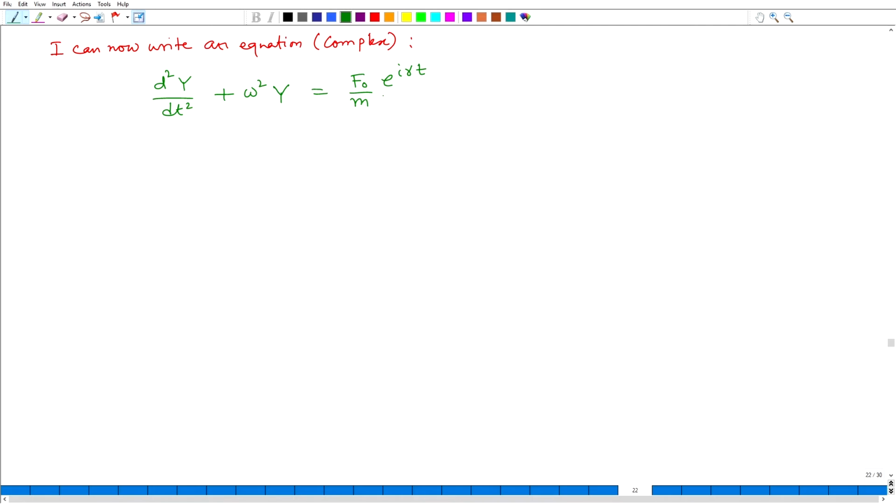My claim, of course, is that this is a complex form of the original equation, which was d2x dt2 plus omega square x is equal to f0 by m cos(gamma t plus beta).